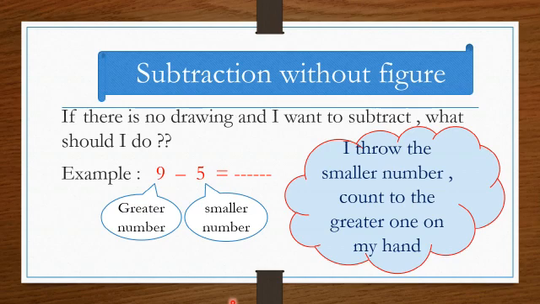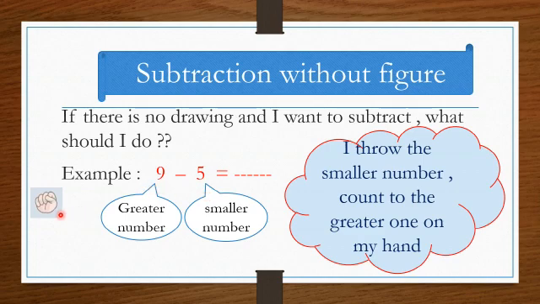Let us see how we can solve it. In order to know the answer, first I have to make my fingers down like a 0. All fingers have to sleep. Then I throw the smaller number, which is 5, and count to the greater one, which is 9, on my hand.